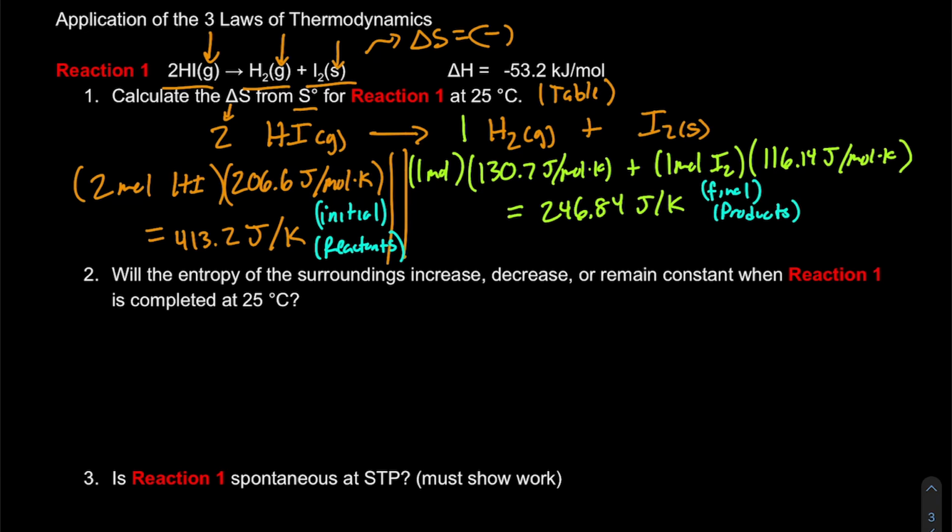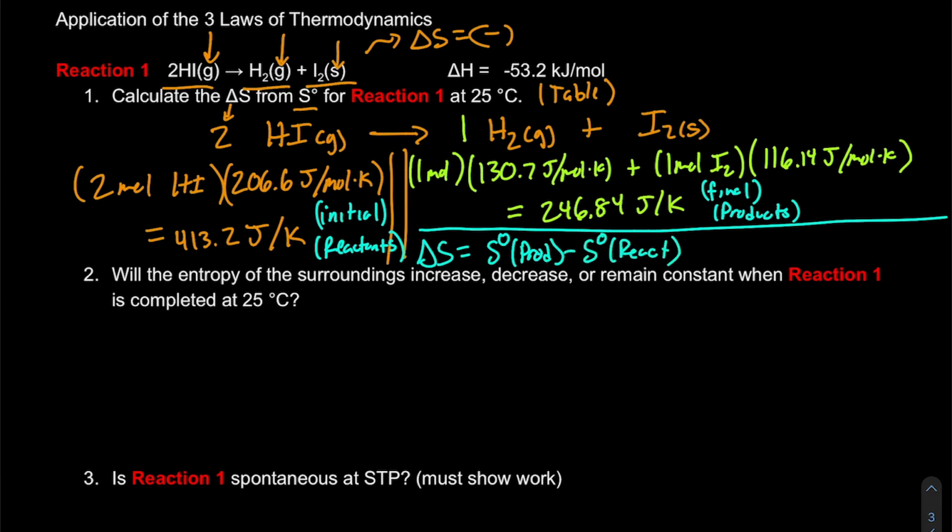So what we want to do is say, if I want to calculate the delta S, it should be the sum of the standard entropies of our products minus the sum of the standard entropies of our reactants, or what we finally ended up with minus what we started with.